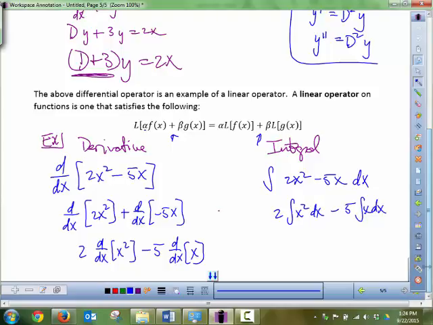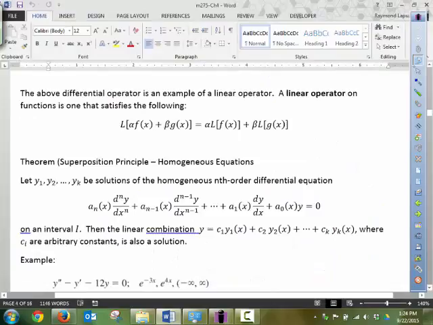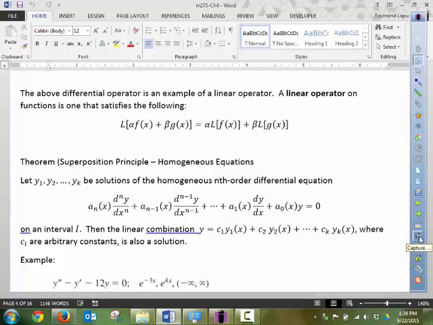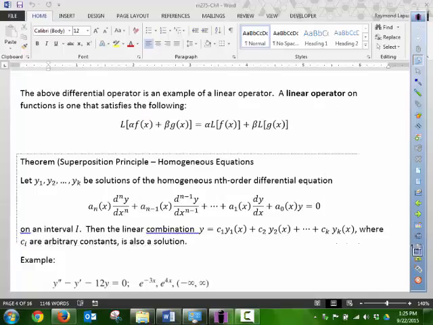That's still not the best thing about dealing with a linear operator. The best thing is that we can use this next theorem, the superposition principle. It still doesn't get us to solving differential equations, but it'll dig us into more theory behind our solutions.